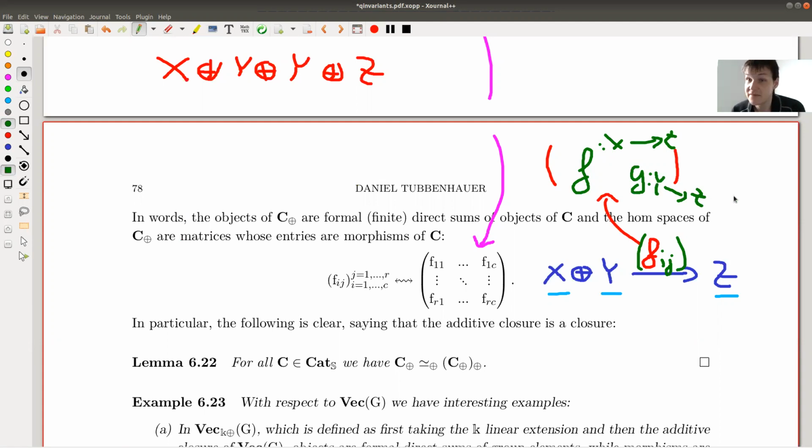So, say it again: in the additive closure, the objects are formal direct sums of objects from before, and the morphisms are matrices of morphisms.